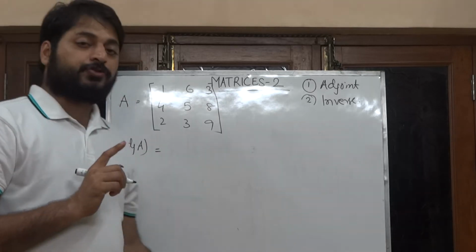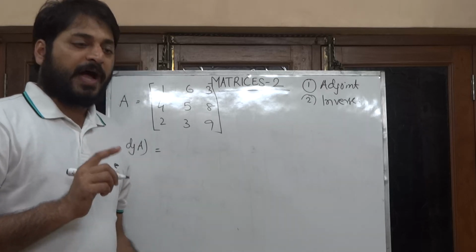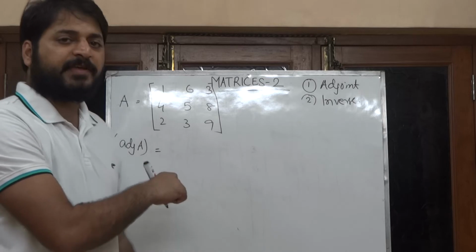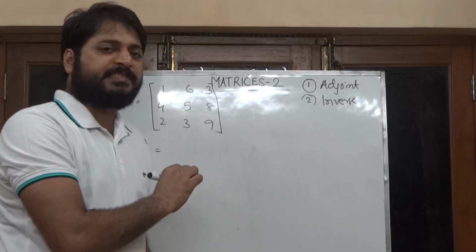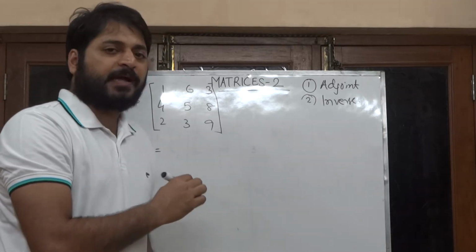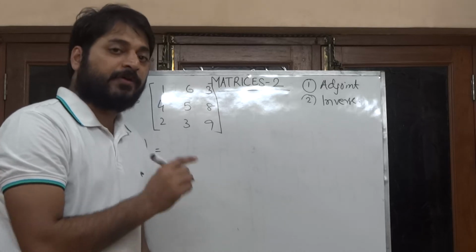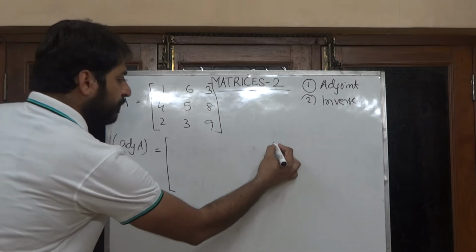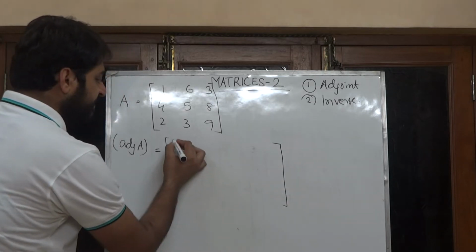Since you should not make any mistake, I'll suggest how to find the adjoint, because this is the area where students make the maximum mistakes. Every time they come up with a sign mistake in this. To avoid this, what I suggest is put two brackets like this.